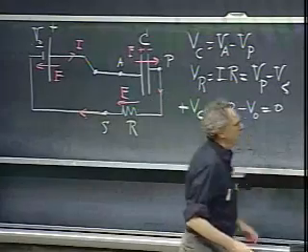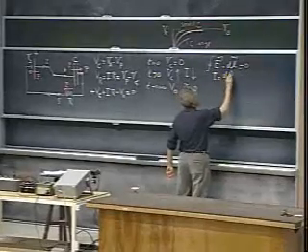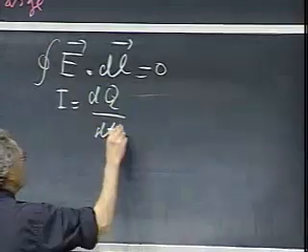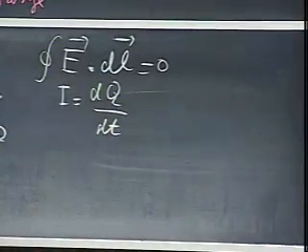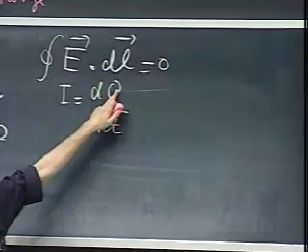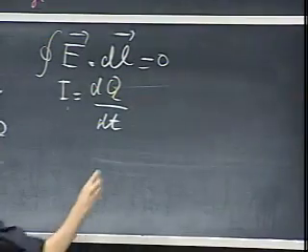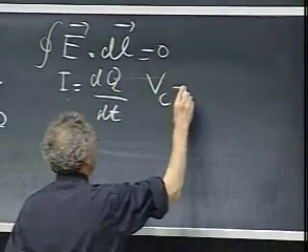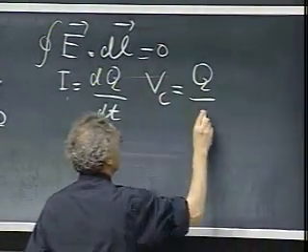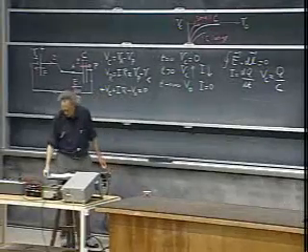And I can write it differently because I know that the current I is dQ/dt, Q being the charge on the capacitor. It's only if that number changes, if the capacitor is either charging up or discharging, that there is a current flowing. And in addition, I know that V of C is Q divided by C. That's the definition of capacitance.